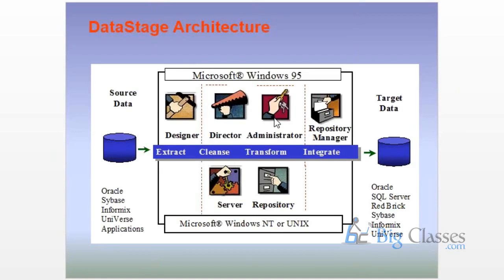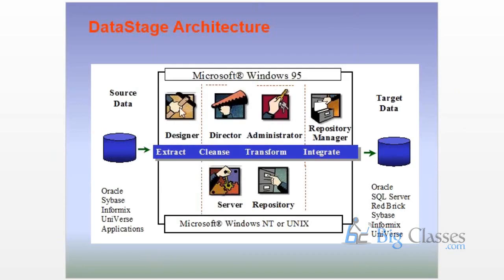Once you get access to the projects, you can log into that particular project using the DataStage designer tool. The projects which you have created under administrator will be accessible through designer. Access means you will get one user ID and password.